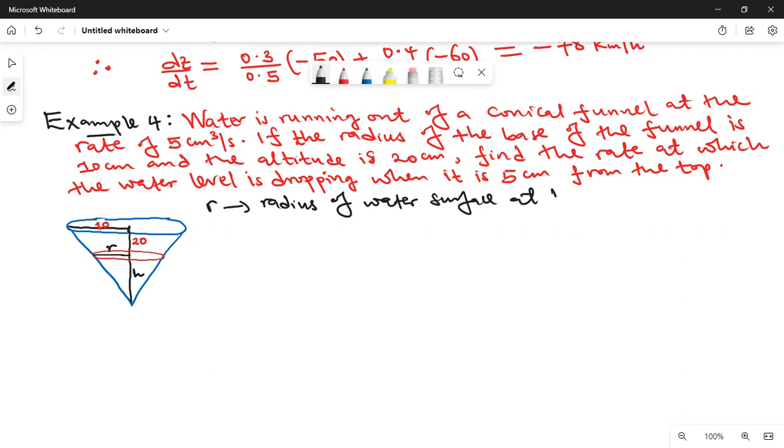So r is the radius of the water surface at time t.